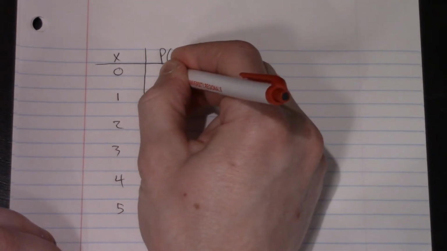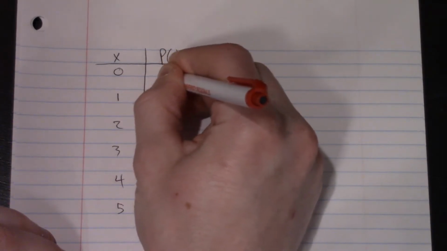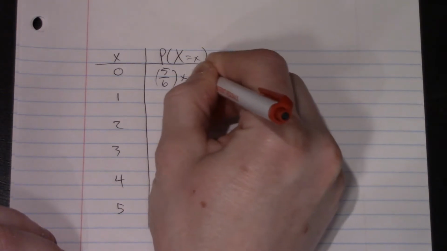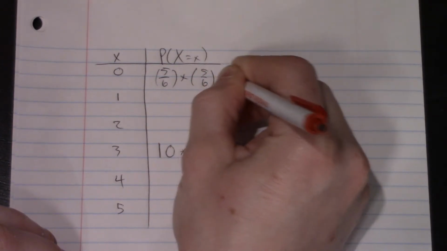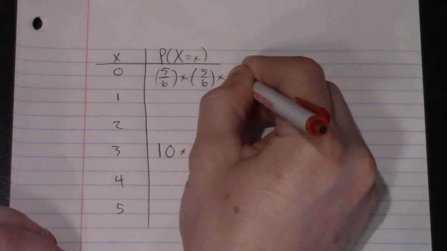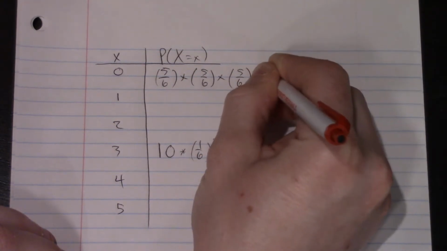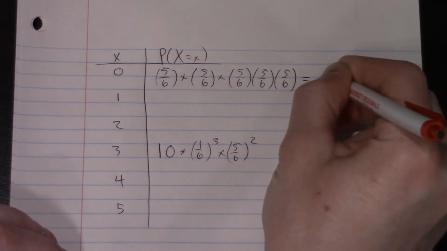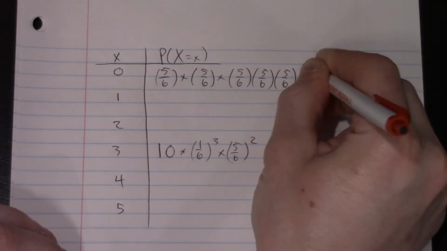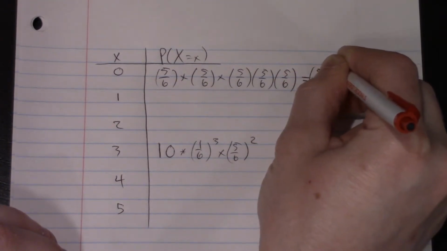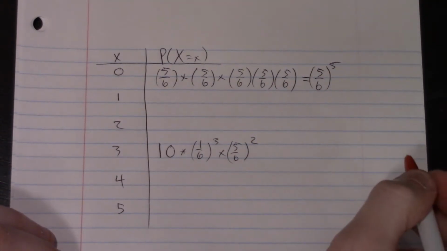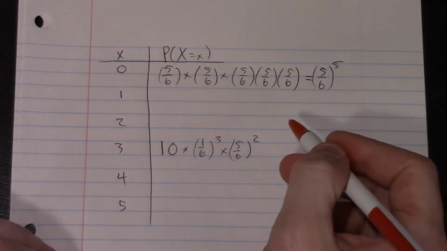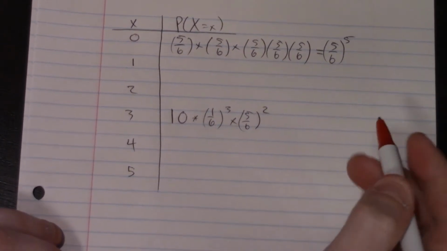So we know that the first one being not 5 is 5 out of 6, and the second one still 5 out of 6, and so on for all 5 rolls. Okay, and we'll rewrite that as 5/6 to the 5th. For now. We will rewrite it one more way in just a moment.